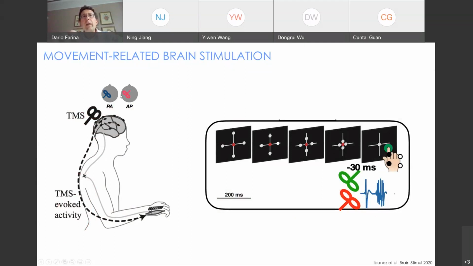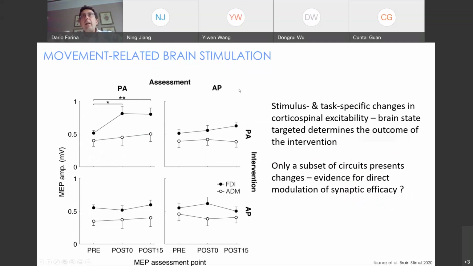The stimulation is also done in different ways to look at different brain circuits, posterior-anterior or anterior-posterior stimulation. This is an associative study where we associate brain stimulation with a volitional command. It's telling us that the specific brain circuits involved can be diverse, and we have to target the right brain circuits in order to induce plasticity.